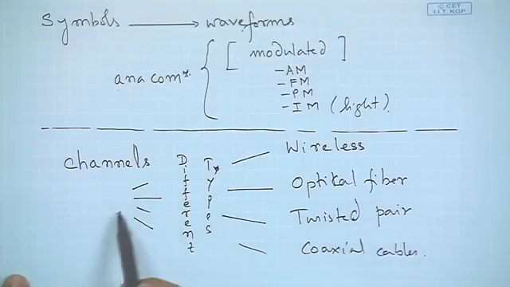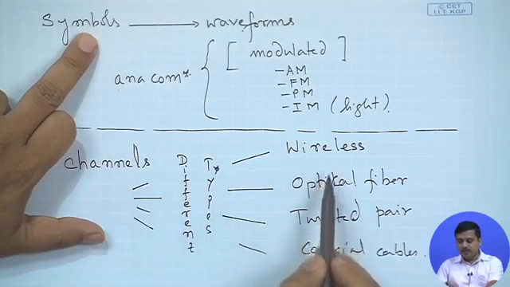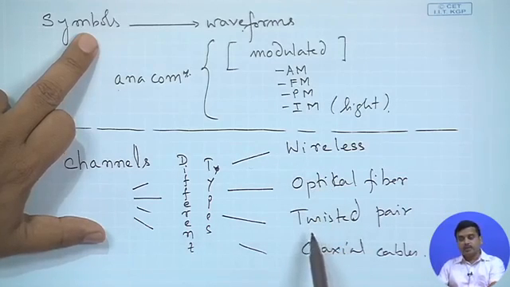So basically the same symbols before going into the channel could be all the same, but when sent over different types of channels, you could send them differently. For example, say you are interested in sending an image, which is again a sequence of zeros and ones, to a friend or to the other side of the network, to a node, a computer, a phone, a Wi-Fi device.